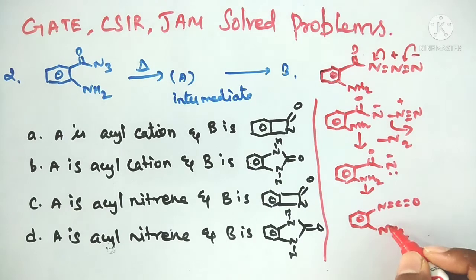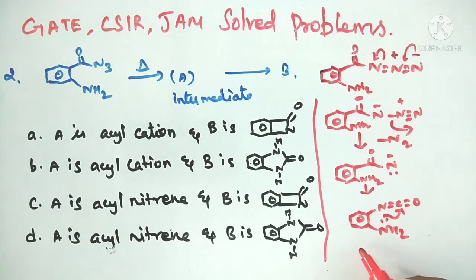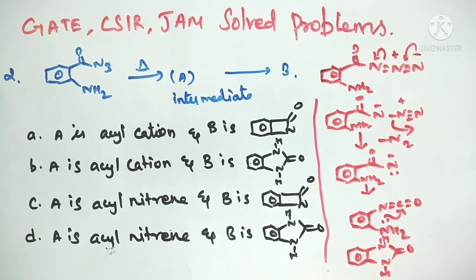Further, this amine reacts with this ketone, will get a 5-membered cyclic product. Bond NH, C double bond O.